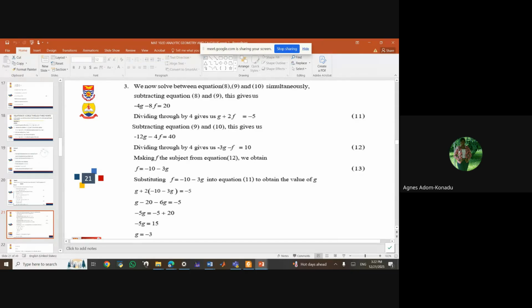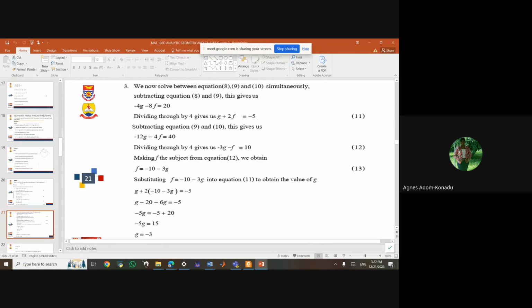Dividing through by 4, I'm going to get g plus 2f is equal to -5. I can call it equation 11. Then I will subtract equation 8 from 10, and this will give me 12g minus 4f is equal to 40. I divide through by 4 and it will give me 3g minus f is equal to 10.